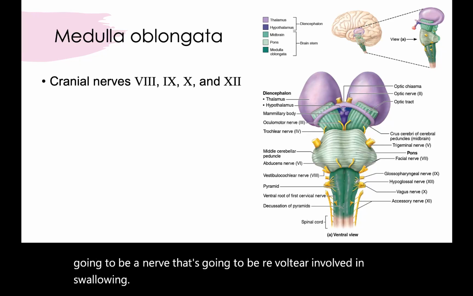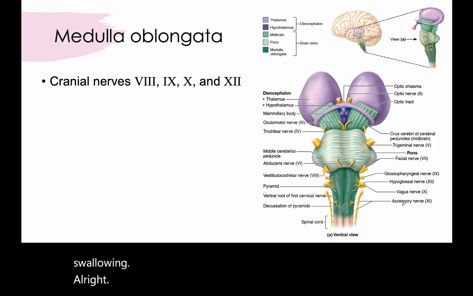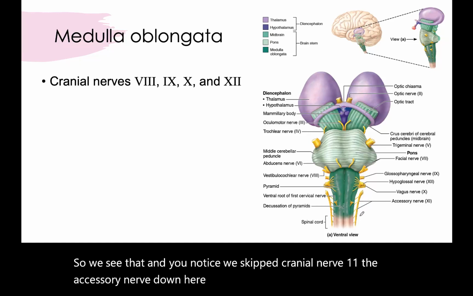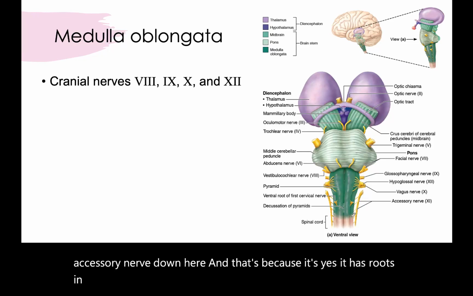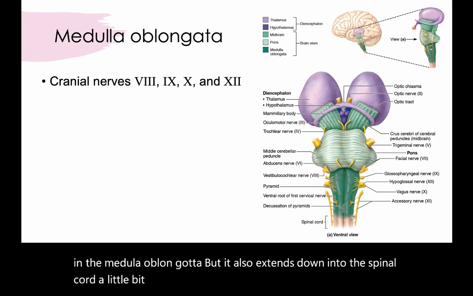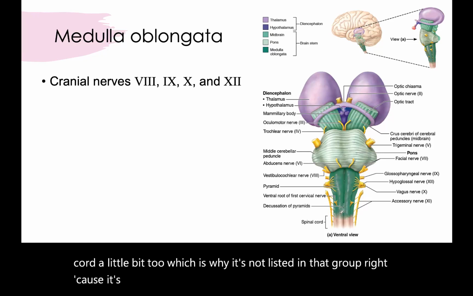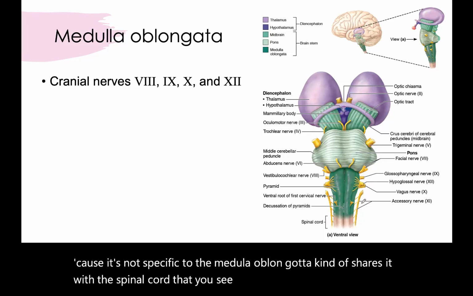And you notice we skipped cranial nerve 11, the accessory nerve down here, and that's because yes, it has roots in the medulla oblongata, but it also extends down into the spinal cord a little bit too, which is why it's not listed in that group. Because it's not specific to the medulla oblongata, it kind of shares it with the spinal cord that you see right there.